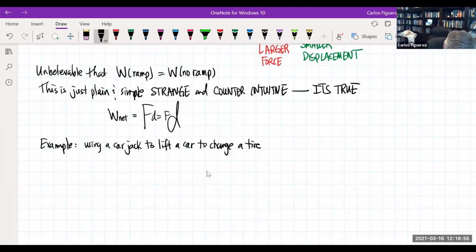And what happens here is in a jack, let's say this is the jack right here. And what you find here is that you typically have a little notch here.